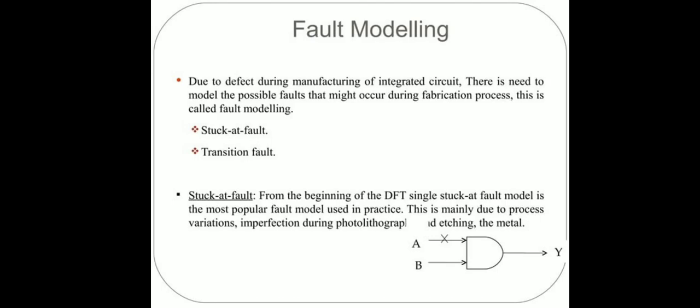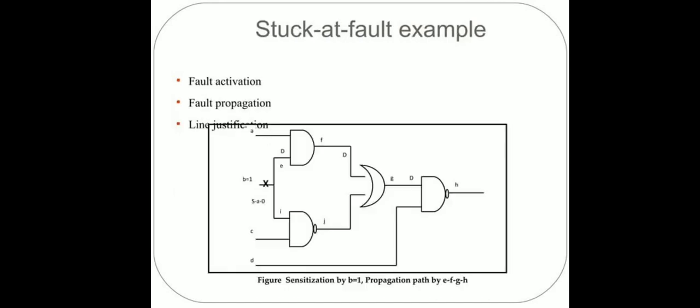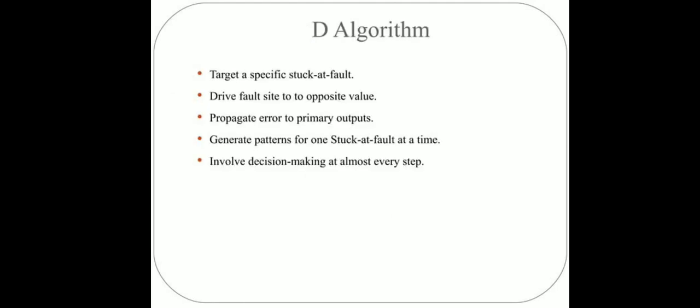And fault modeling: due to defects during manufacturing of the integrated circuit, possible fabrication faults are the stuck-at fault and the transition fault. Stuck fault is from the beginning of DFT. Single stuck fault is the most popular fault model, used for imperfections in lithography. The examples are fault activation, propagation, and line justification.